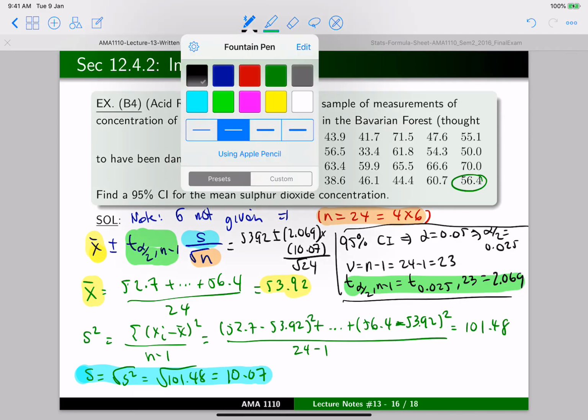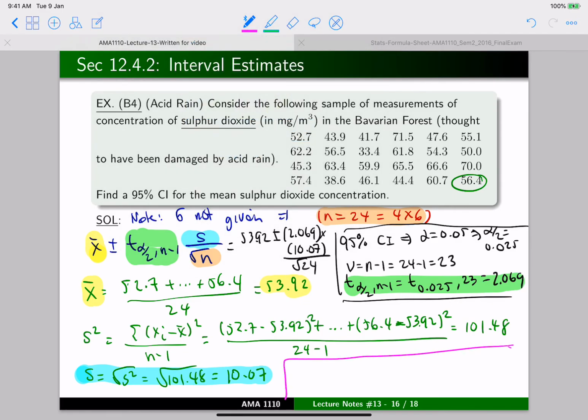So in the end, what do we get? Therefore, the 95% confidence interval is 49.67 and 58.17 milligrams per meter cube of sulfur dioxide concentration in the Bavarian forest.